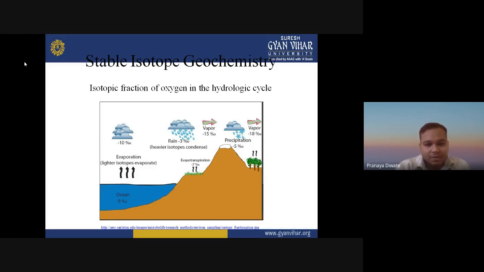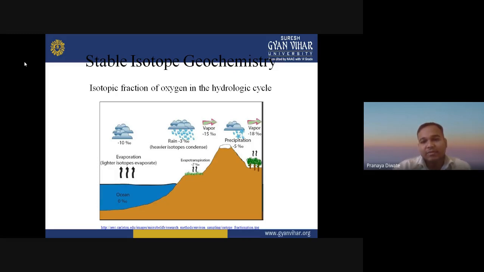So the ocean has water. That water gets evaporated, so the delta 18O value is minus 10. Then the heavier isotope condenses, and drops of water form.